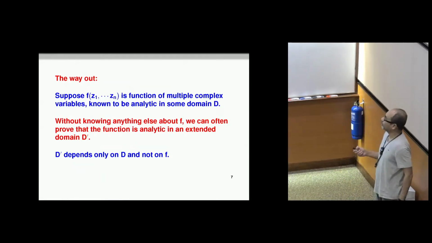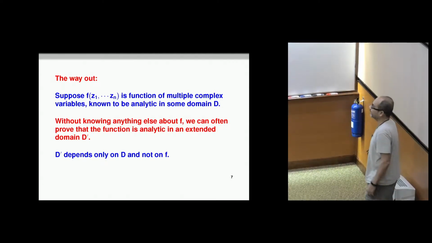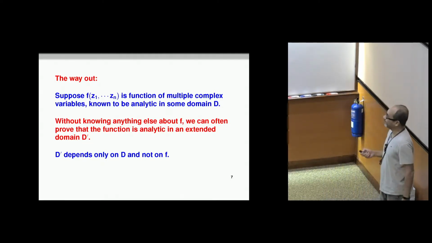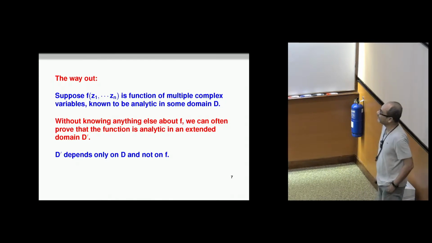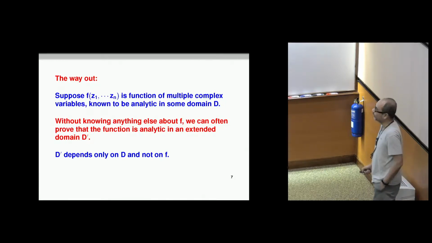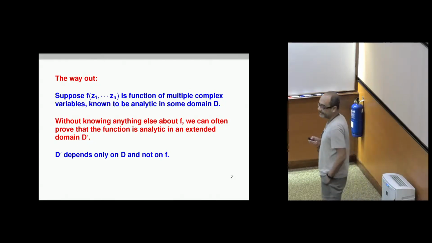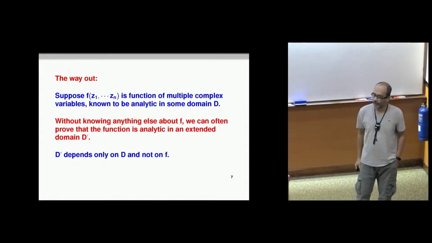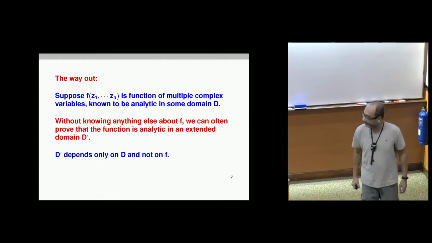So the way out, which of course was found in the 50s and 60s, is the following result. Let's suppose that we have a function which is an analytic function of multiple complex variables. This result that I will be describing is specific to functions of multiple complex variables. It doesn't hold for a function of a single complex variable.